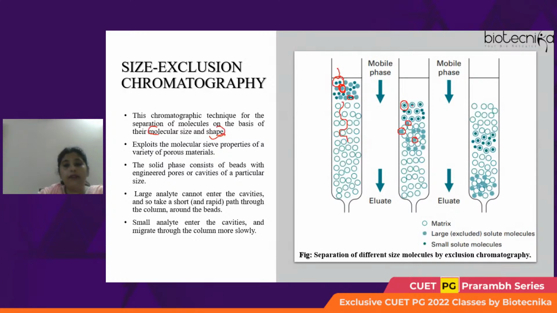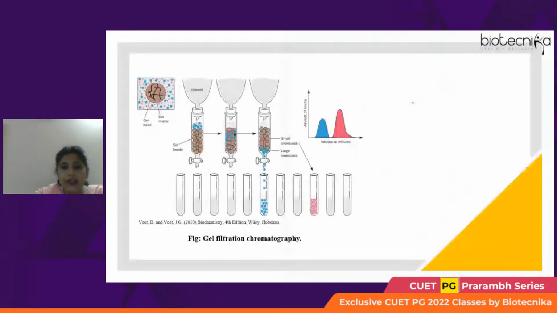So what will happen when you are performing size exclusion chromatography? The larger analytes will be eluted first, and then the smaller molecules will be eluted later. This is the point you have to keep in mind. I can show you how the separation takes place. You can even collect the molecules which are separated.